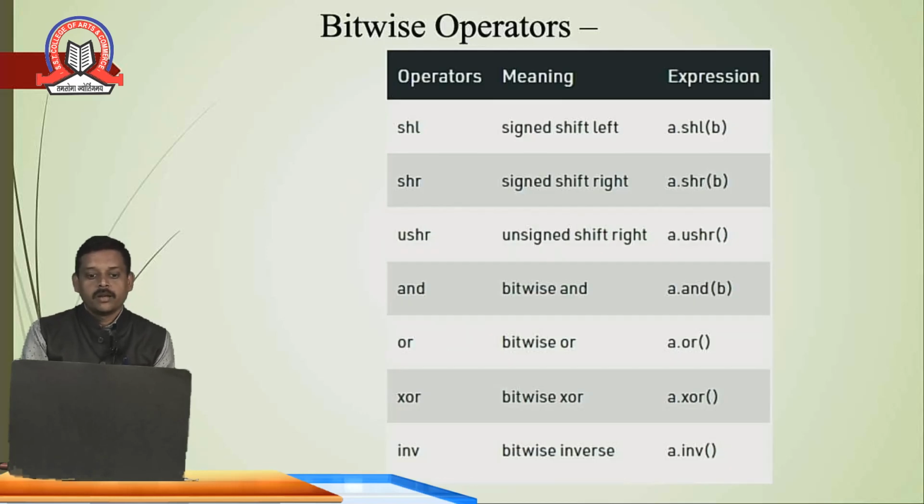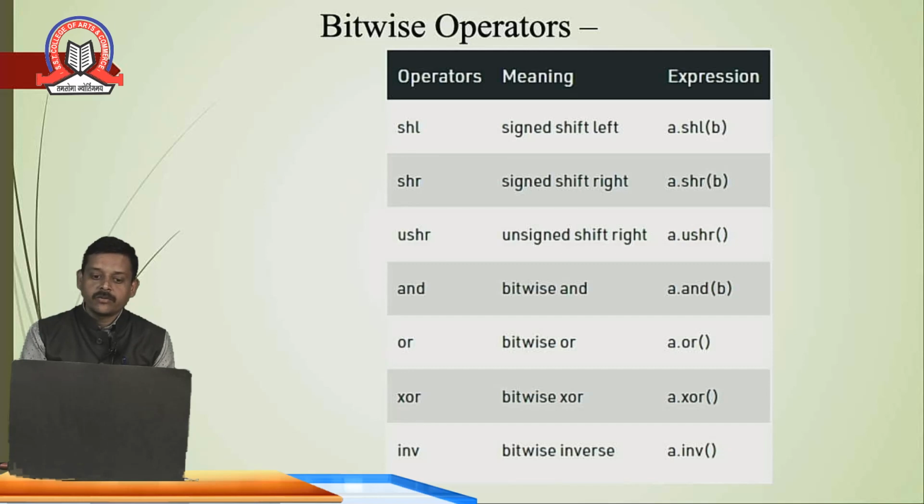Now the last operator, that is the bitwise operator. In operators we have SHL, SHR, USHR, AND, OR, XOR and INV. SHL means signed shift left, where we are shifting the bit value to the left. SHR indicates that we are shifting the signed value to the right.